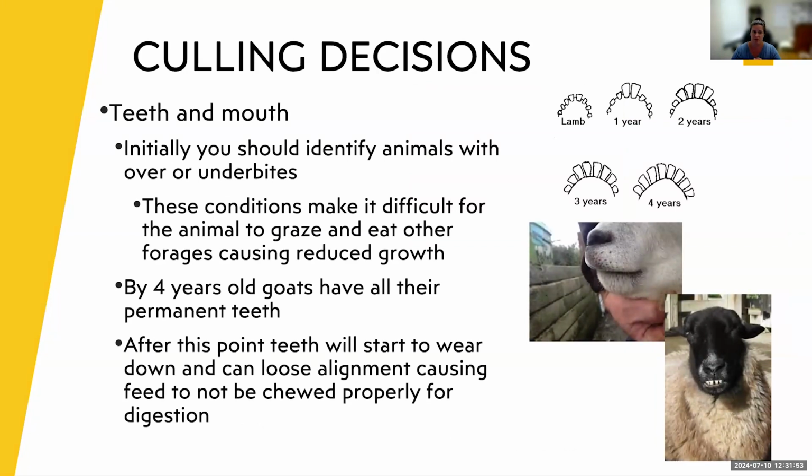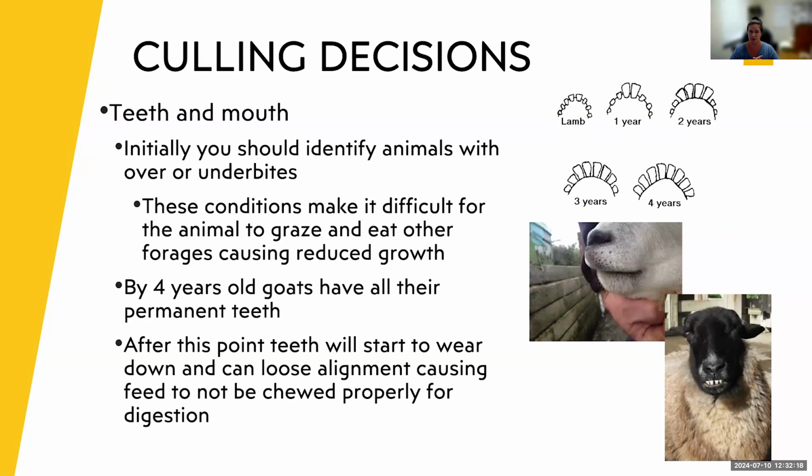So teeth and mouth: initially you have to identify animals with over or under bites. I have pictures of those in the bottom. If you have them, they're pretty obvious to see. Those animals should not be used for breeding. They're easy to identify when they're young, so just turn them into a market project and put them down the road that way.